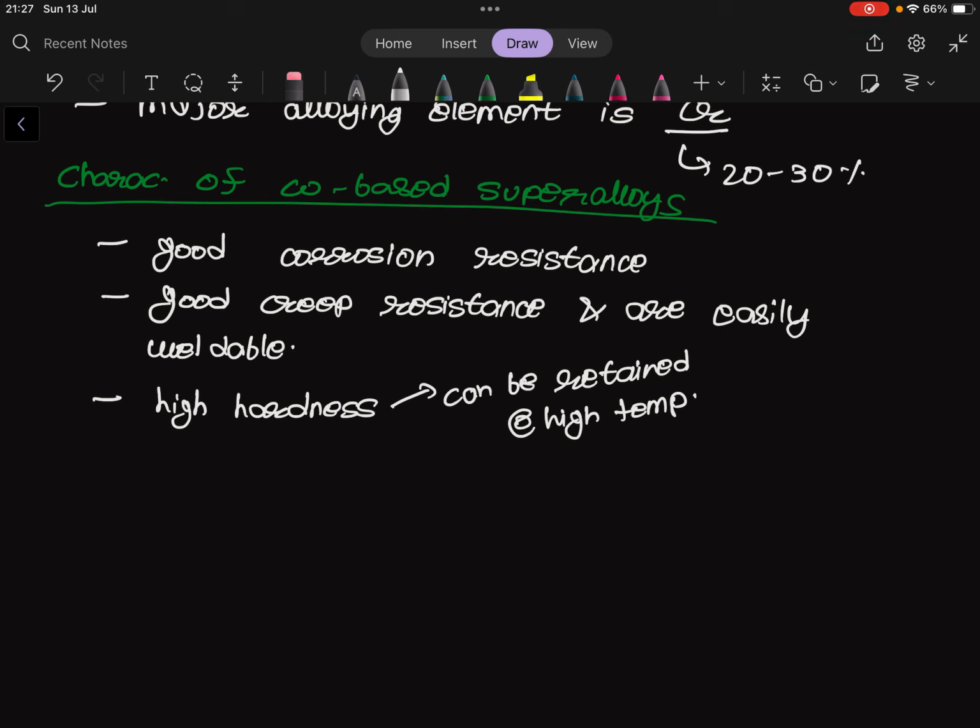This means that this kind of alloy is good in applications which require good wear resistance even at high temperature. So this type of superalloy provides good wear resistance at high temperature.